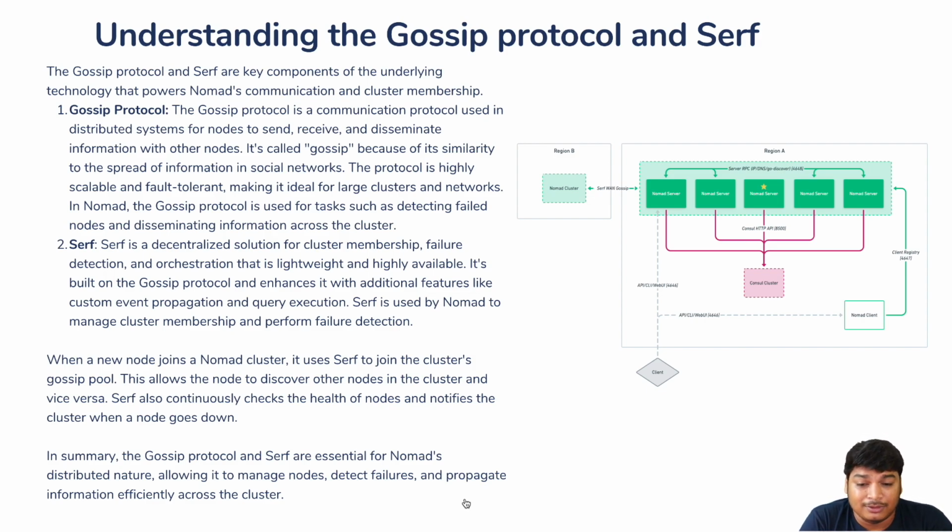Now it's called gossip because of its similarity to how information spreads in social networks. Okay, like social media, you have the gossips, right? That kind of thing. Now this protocol is highly scalable and fault tolerant, making it ideal for large cluster networks. In Nomad, the gossip protocol is used for tasks such as detecting failed nodes and disseminating information across the cluster.